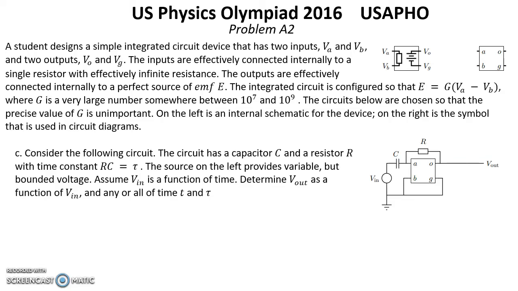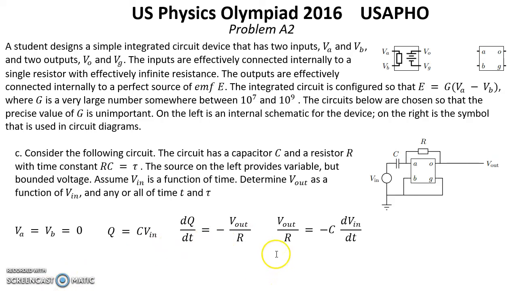Solution for question C. We again set VA equal to VB equal to 0. Then the capacitor charge and the current satisfy these two equations: Q equals C Vin and dQ over dt equals negative Vout over R, where the second result follows from Ohm's law.